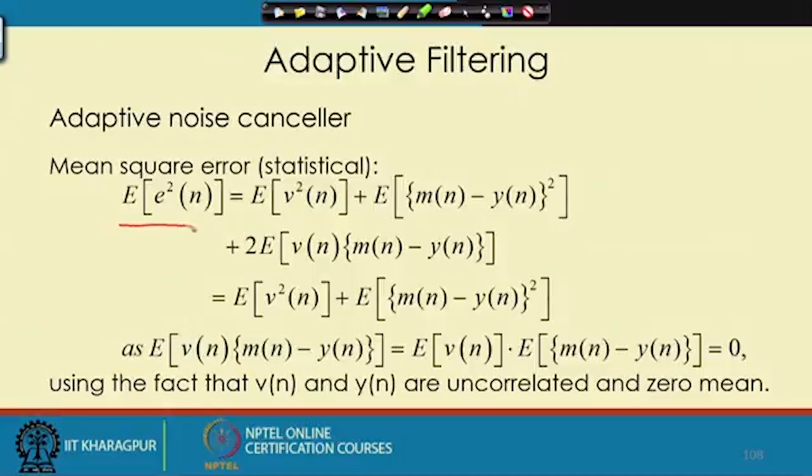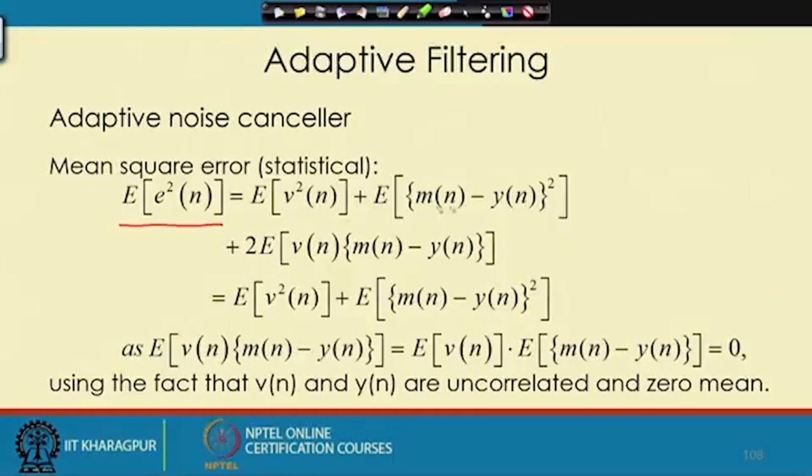So, it is the expectation of e squared[n], and by replacing e squared[n] by the expression we got in the previous page, that is v[n] plus m[n] minus y[n], the whole square of it. Now, we can actually make it in two terms, one part is v[n], another part is m[n] minus y[n].